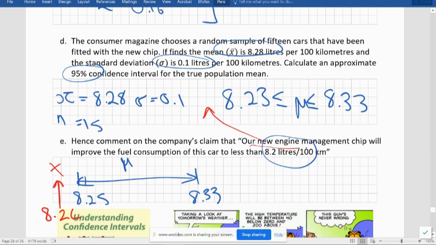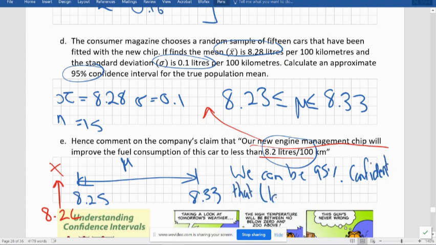All right. So with 95% confidence, we can be confident that this claim is not true. Okay, so our new management chip will improve fuel consumption to less than that. That's wrong. Okay, so we just say a statement. So we say we can be 95% confident, can't be 100% confident, that the claim is not true. But we have to have a reason, okay? I guess the diagram's here, but we have to explain the diagram, okay?